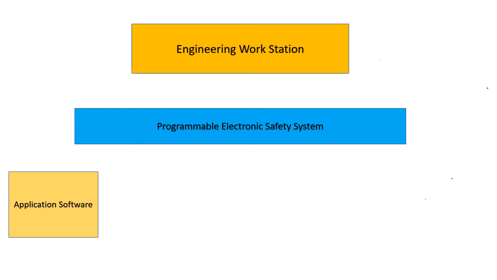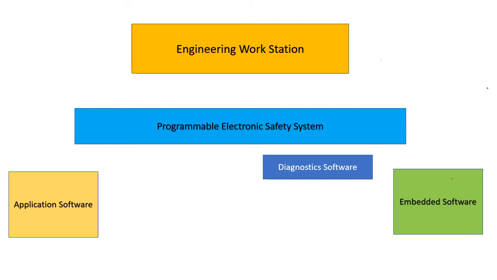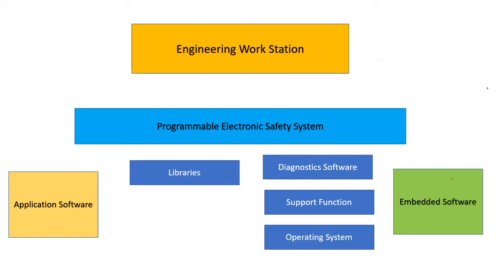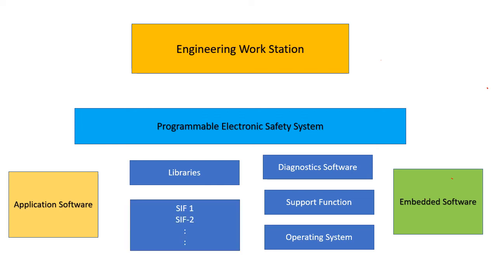Now, in the PLC, there are two different kinds of software. One is application software and another is embedded software, right? In the PLC, there can additionally be diagnostic software, support functions, and an operating system. Again, there will be libraries and there will be SIPs that are defined in this application software, right?